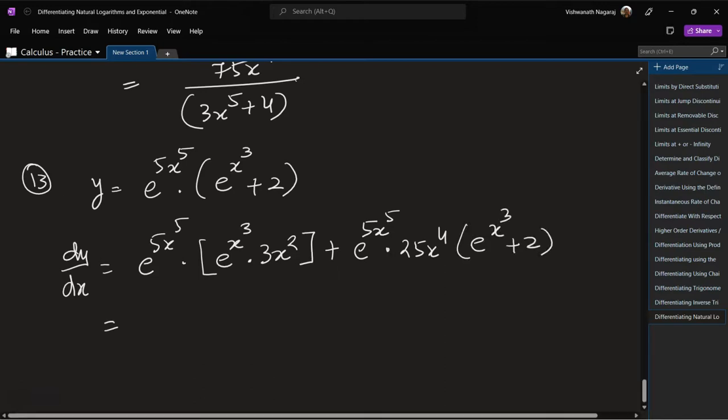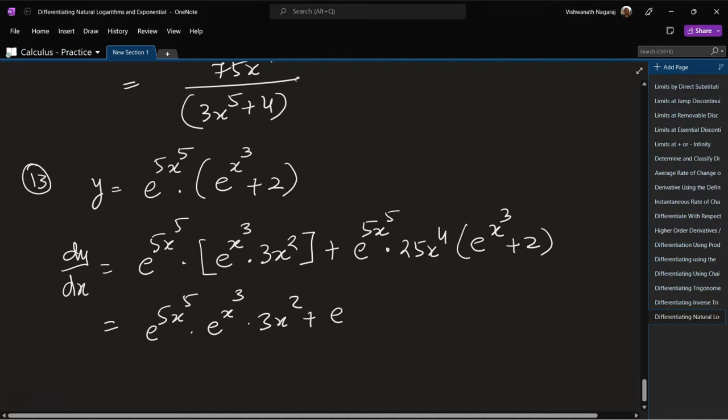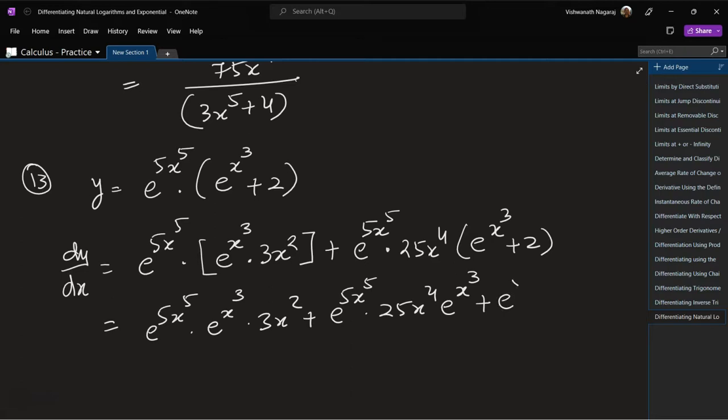Let's open up all these brackets. e to the power of 5x to the power of 5 times e to the power of x to the power of 3 times 3x square plus e to the power of 5x to the power of 5 times 25x to the 4 times e to the power of x to the power of 3 plus e to the power of 5x to the power of 5 times 25x to the power of 4 times 2.